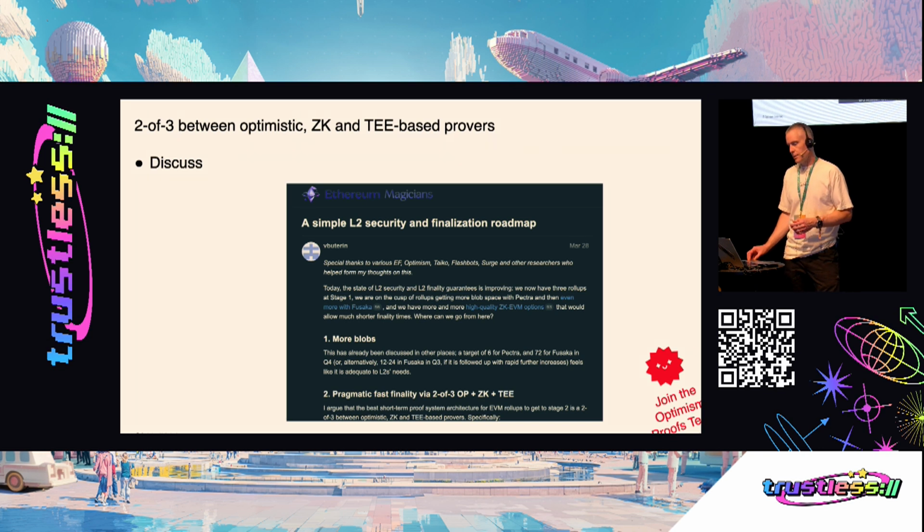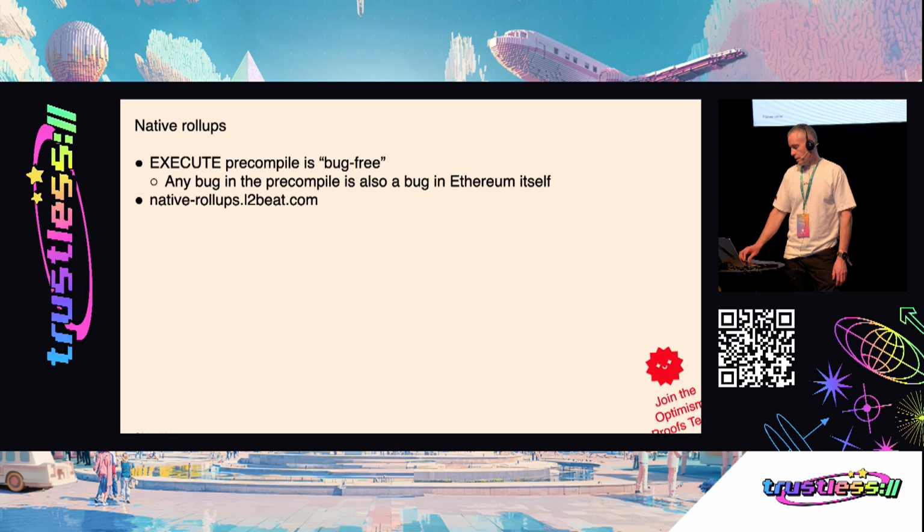But it's obviously better if you can have 2 trustless systems that can do it without anyone intervening. We mentioned native rollups, and there's the LTBeat native rollups book URL to take a look.